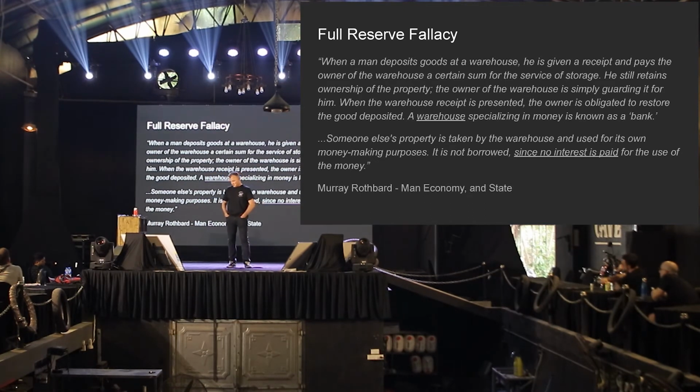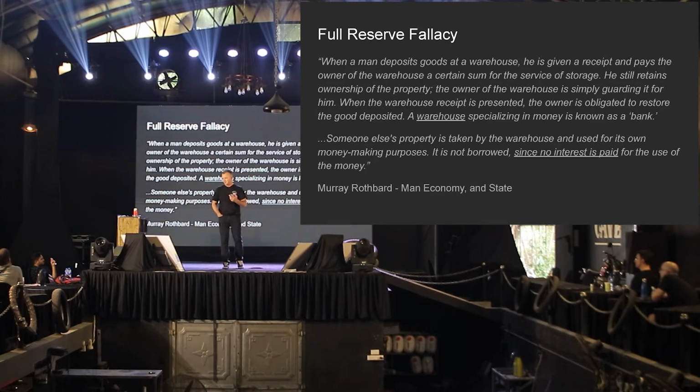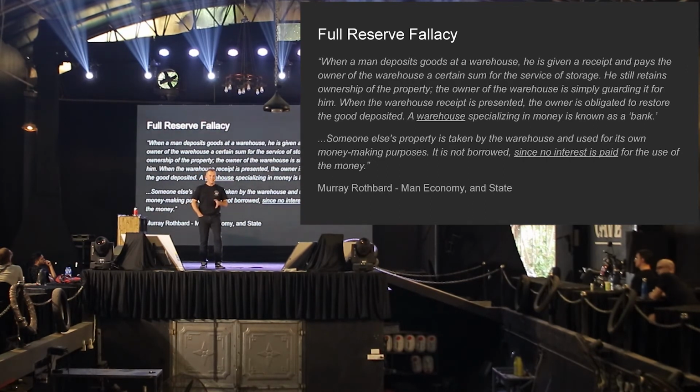Right? So he's talking about this warehouse now, just stealing your gold out of your safe deposit box and going and spending it. You didn't invest it, you didn't expect interest in return. If you did, then they would have to do that, and that would be part of the agreement. But in this case, he's saying no, this is not what we're talking about with these banks. You literally paid them for safe deposit and they stole your money.